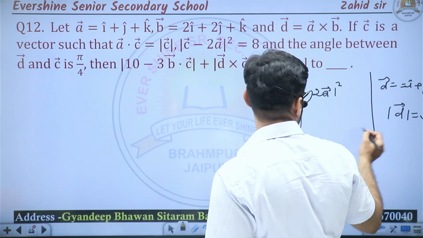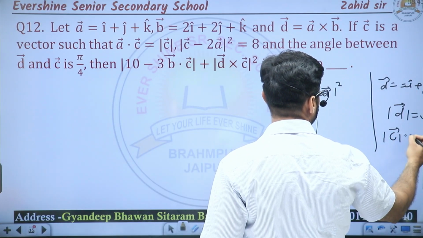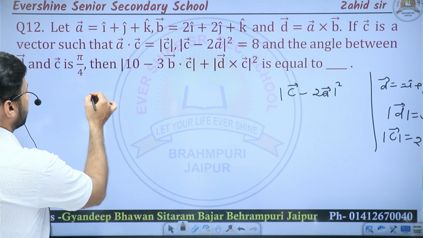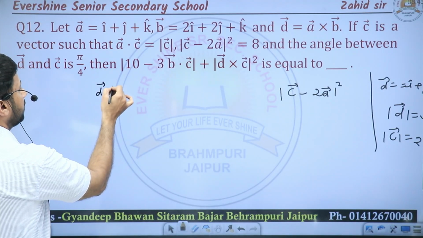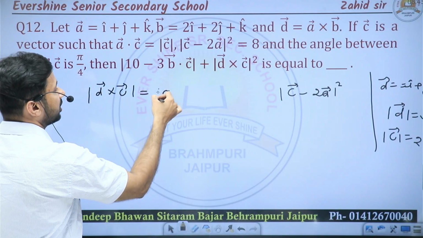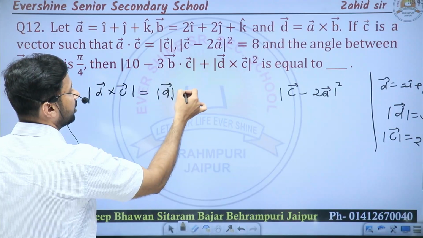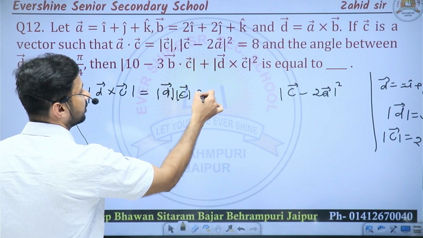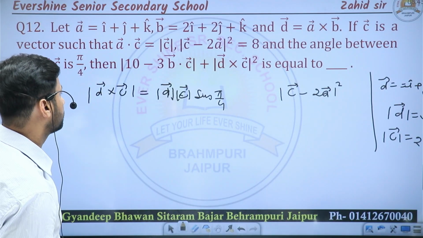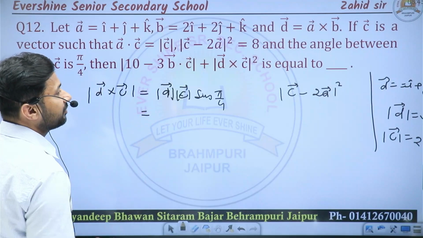As you know, the magnitude of C is 2. Now next I'll find D cross C magnitude. That is magnitude of D, magnitude of C, sine pi by 4. It is given the angle between them is pi by 4. So what is the value of D?